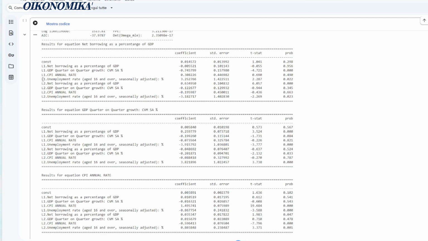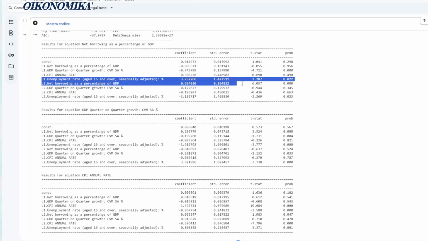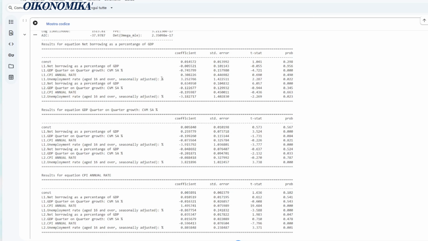Here we have a negative coefficient, and here we have a positive coefficient. The positive coefficient, okay, my bad, of course. But the broader sense is that when unemployment goes up, the government needs to borrow because they have to put additional money into the welfare state.